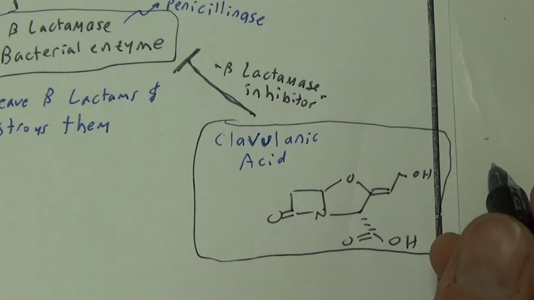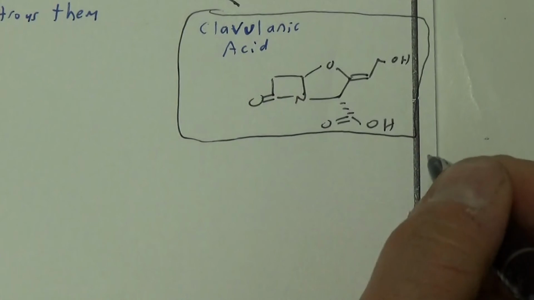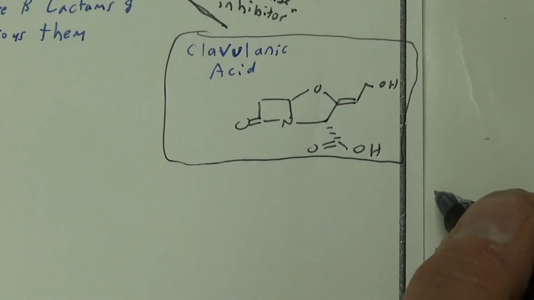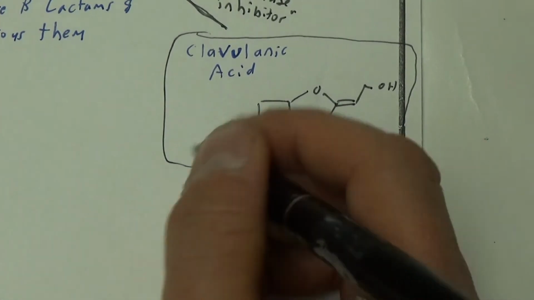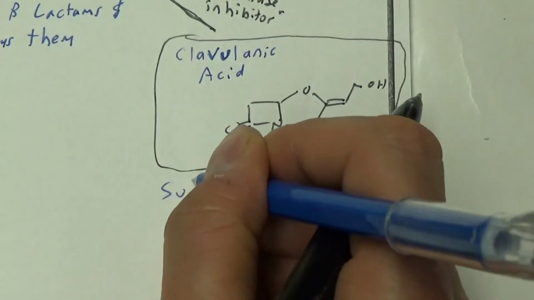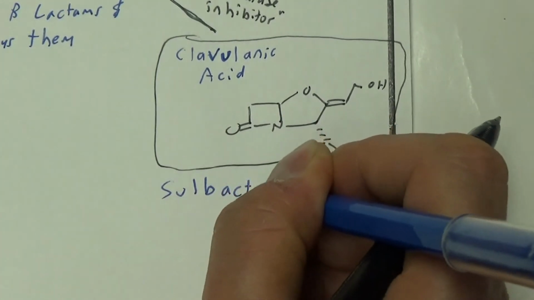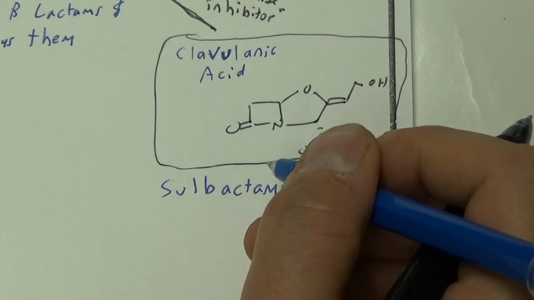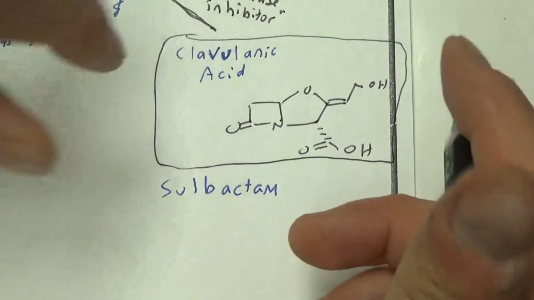and we'll draw that one down here, another beta-lactamase inhibitor. It's called sulbactam. And it's another beta-lactam.